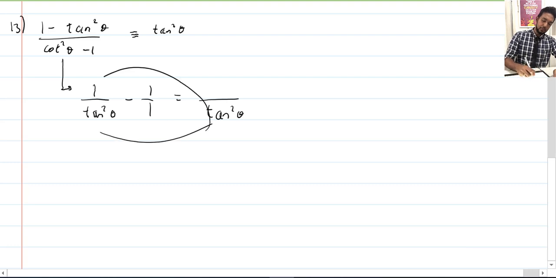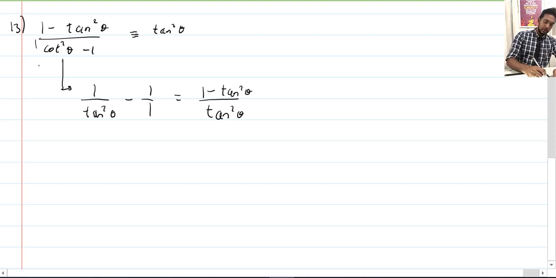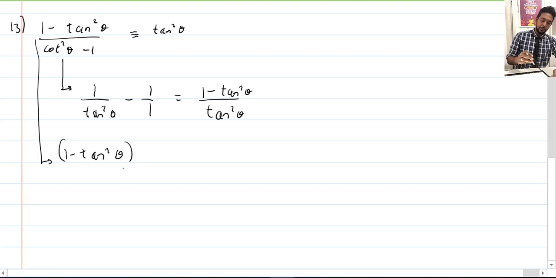Tan squared into tan squared goes 1. 1 by 1 is 1. So we have 1 minus 1 into tan squared goes tan squared, times tan squared by 1 will give us back tan squared. So we have 1 minus tan squared. So our initial identity is now 1 minus tan squared theta over that. Of course, what's the understood operation between numerator and denominator in a fraction? Divide.